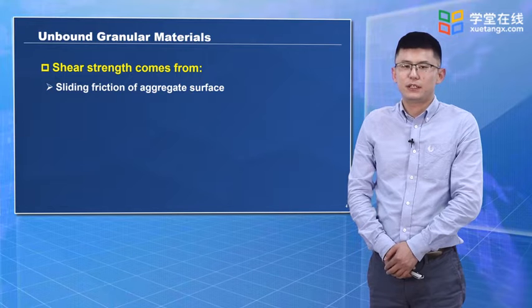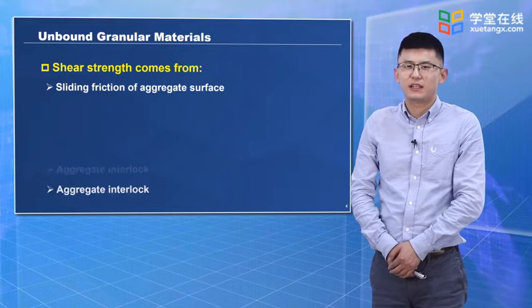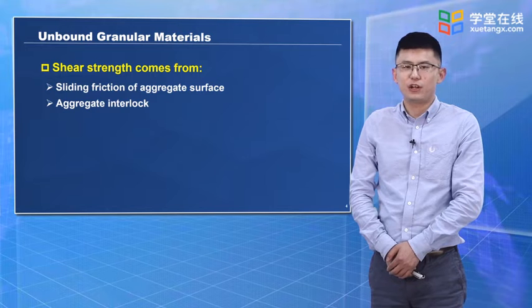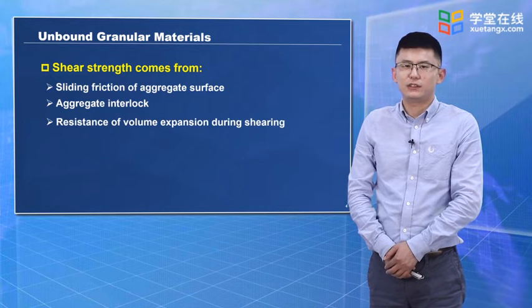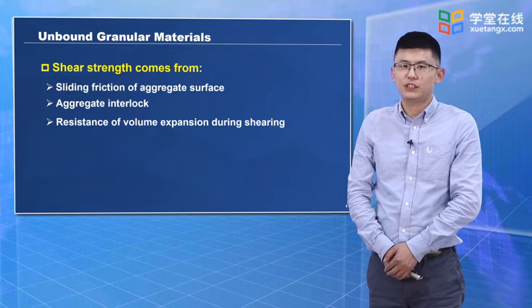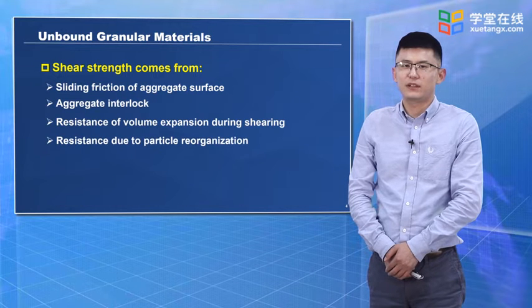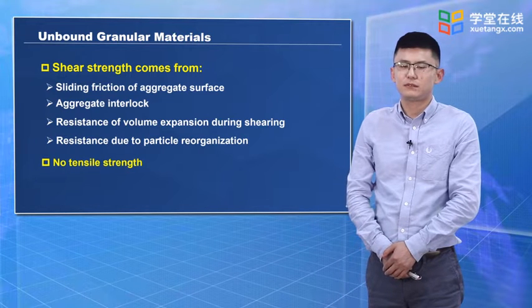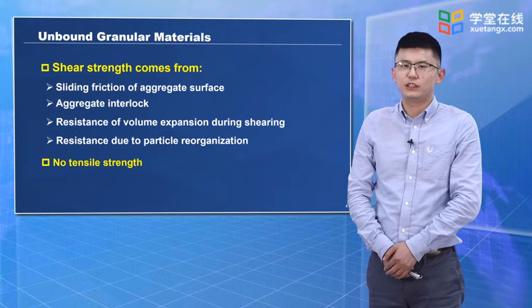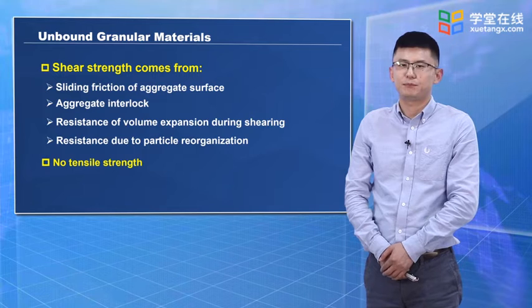For example, it can be from the sliding friction of aggregate surface, from the aggregate interlock, from the resistance of volume expansion during the shearing, and also from the resistance due to particle reorganization. And again, there is no tensile strength.